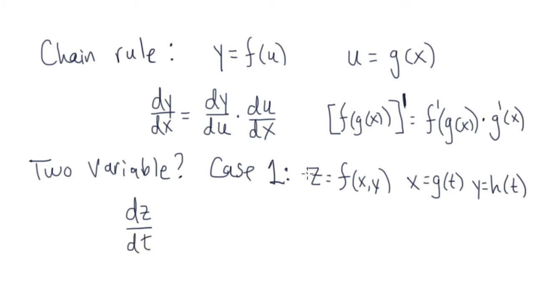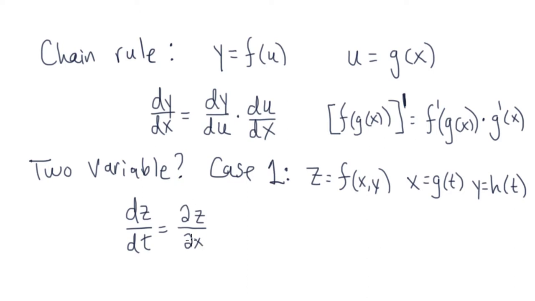So I have a dependent variable that really just depends on the independent variable t, but I have these intermediate variables. Well, it looks like this. So first, I take the partial of z with respect to x, and now notice I have to use partial here because there's some ambiguity about what I mean by the derivative of z. I could take the derivative of z with respect to x or y.